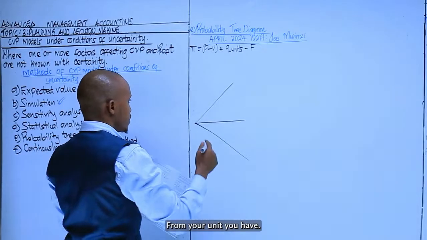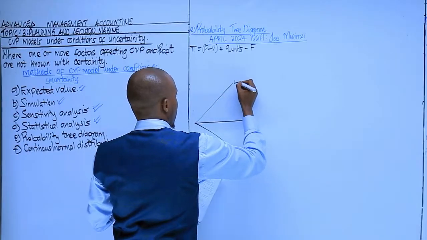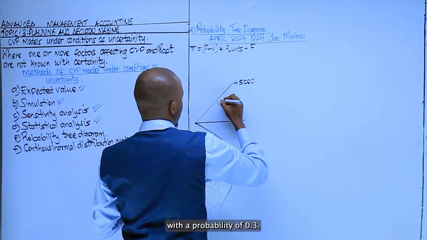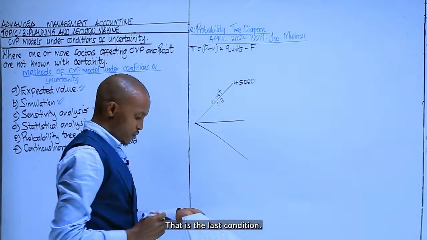Your units, you have 45,000 units with a probability of 0.3, and those are the worst conditions.